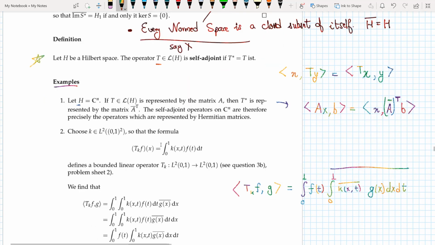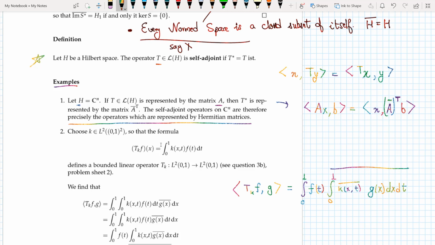So I have a Hilbert space H, which is given by Cn. And now T is represented by the matrix A, and T star is represented by the matrix A complex conjugate transpose. The self-adjoint operators on Cn are therefore precisely the operators which are represented by Hermitian matrices.